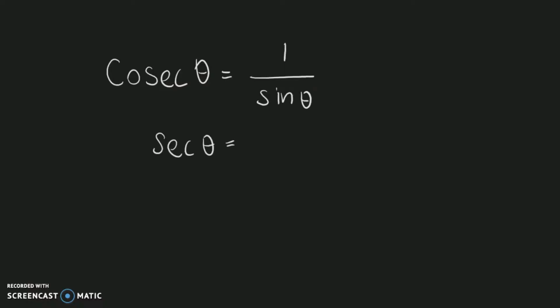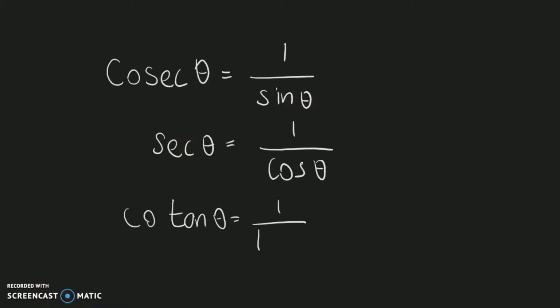Now you may ask what these three functions mean. Cosecant of theta is actually equivalent to 1 over the sine of theta. Secant of theta is 1 over the cos of theta. And as you've probably guessed by now, cotan theta is 1 over the tan of theta.